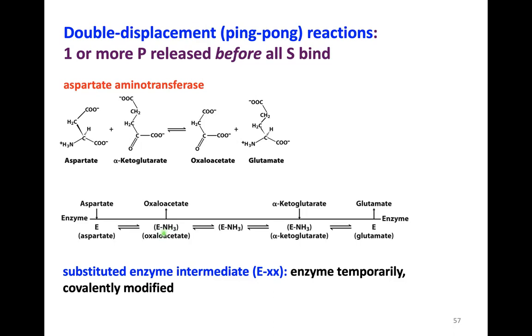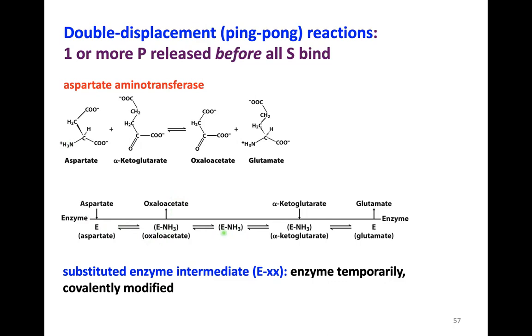Okay. So the active site of the enzyme is covalently modified. That is the key of this double displacement or ping pong reaction. Once that amino group gets transferred to form this covalently modified enzyme, oxaloacetate, one of the products, is free to go. Okay.